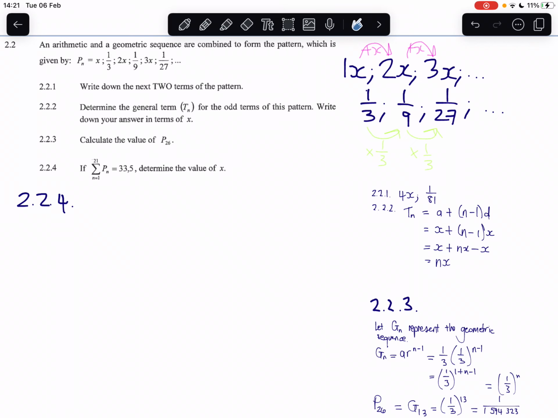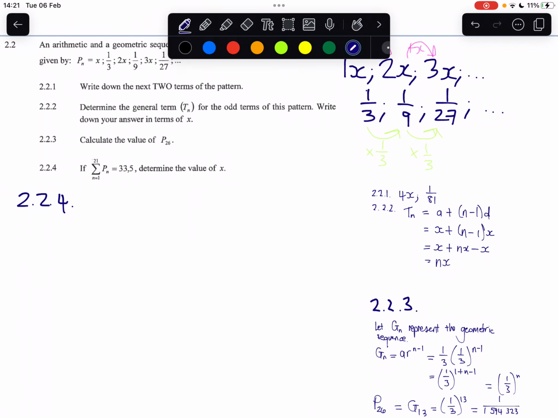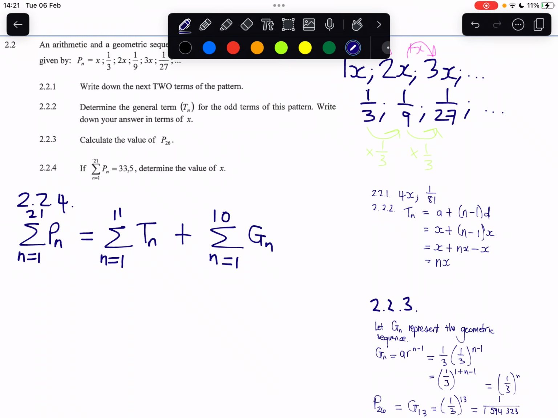Okay, so what we need to recognize here is that the sum of Pn, the sum of the first 21 terms, is the sum of the first 11 terms of the arithmetic sequence and the sum of the first 10 terms of the geometric sequence, right?